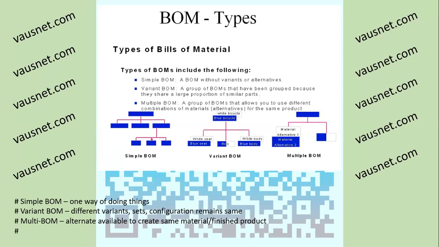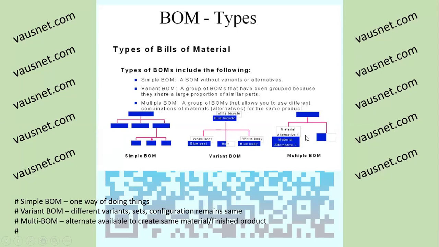Your plastic grade, your ink grade, your cap grade, your plastic granule grade, your color grade will be different. So the material alternative for your local market is different, and the material alternative for the foreign market, for the US market, will be different. So that's how you can interchange.